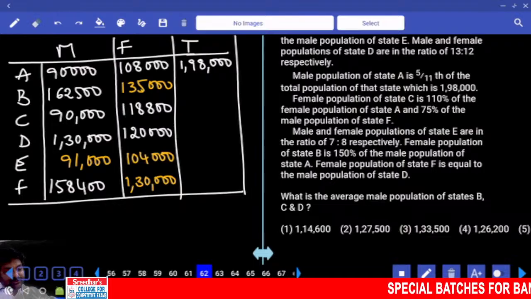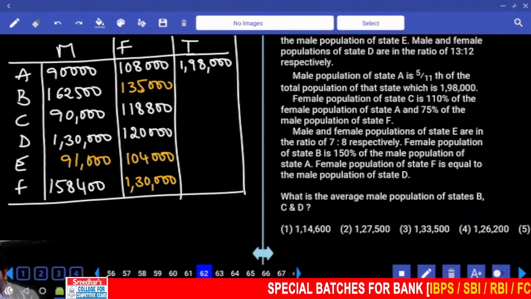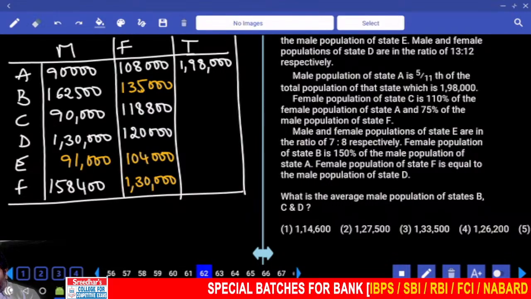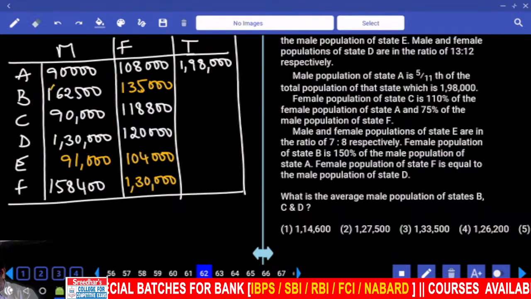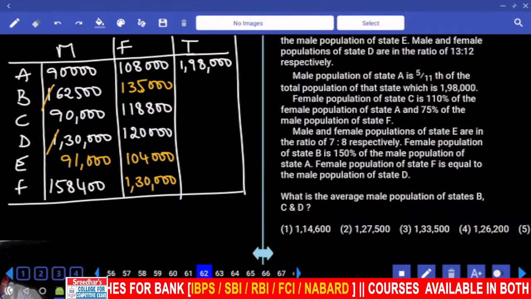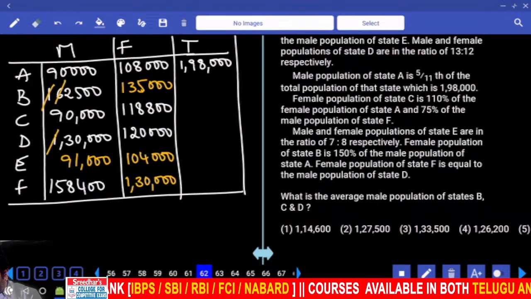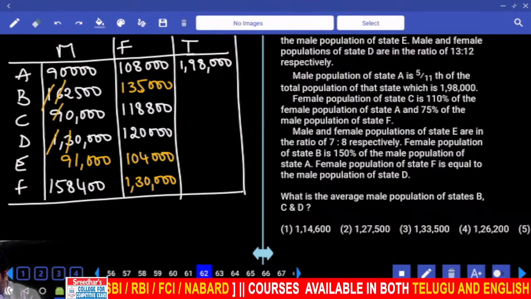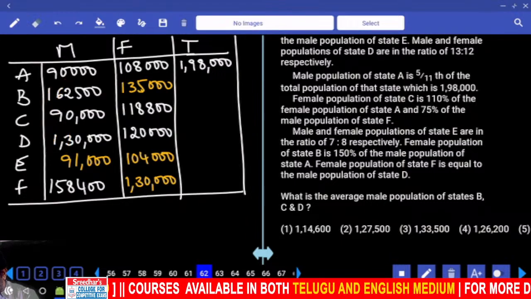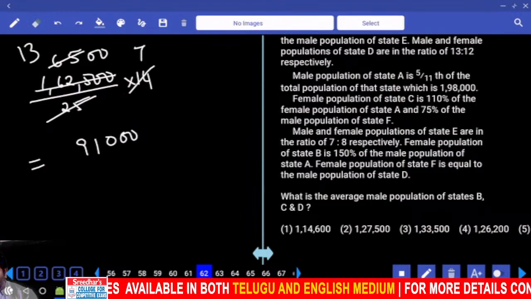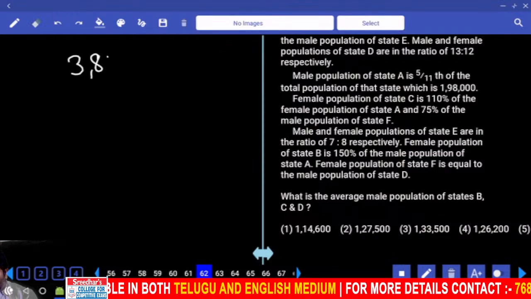What is the average male population of B, C, D? Right. B, C, D. Only these three. 1 lakh, 1 lakh, 60,000, 30,000, 90, 90, total so far 3 lakh. 80,000.